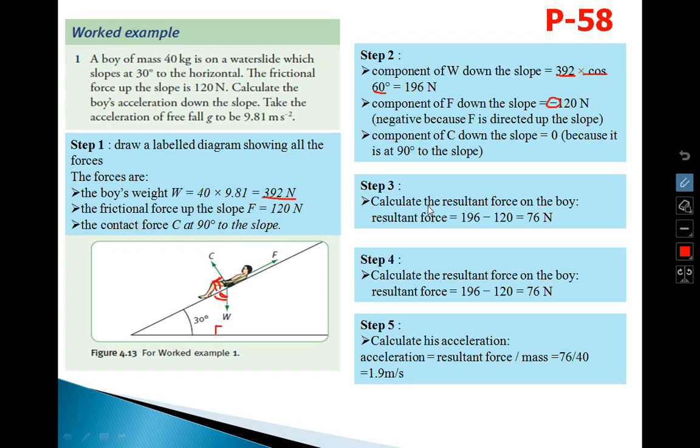Resultant force is equal to 196 minus 120, the component that comes from W plus the component that comes from friction. So it's equal to 76 Newton.